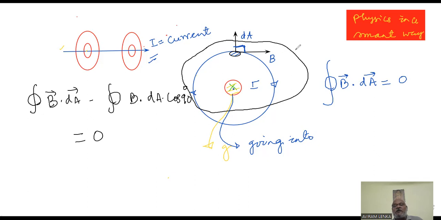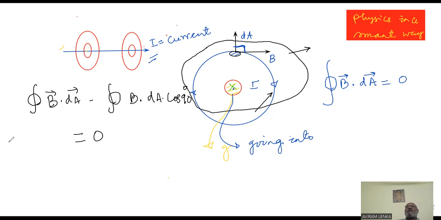If you take a non-spherical surface, in some cases B will be crossing the surface outwards, and in other places it will be inwards. So the B dA cos theta terms will be cancelling out. Think clearly whenever you are thinking about a physics case or a physics question.